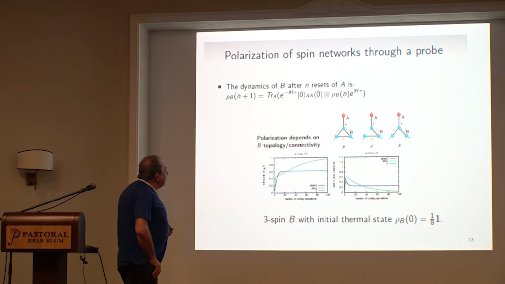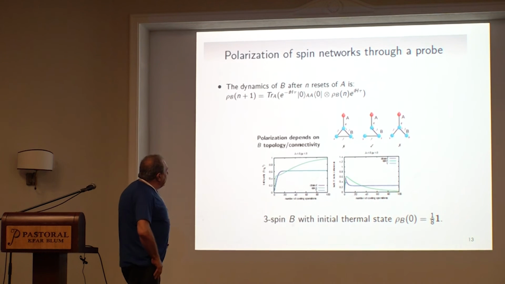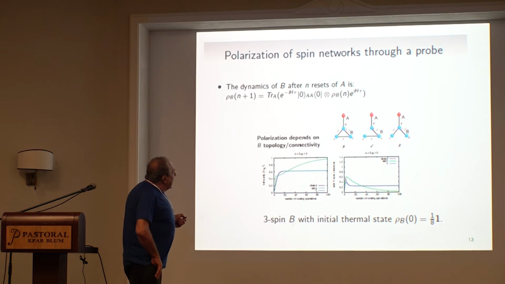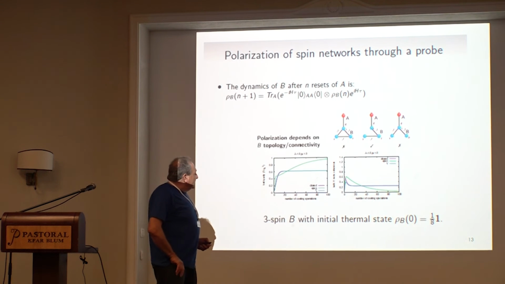You can see here what happens when you perform, no matter what operations, swapping heat between the network and the probe and then dumping the heat away. Only among these three configurations of three spins in the network, only this one can be fully polarized. You can see it here. Only this one reaches full polarization. The others are stuck at somewhere near 0.6 polarization, okay?